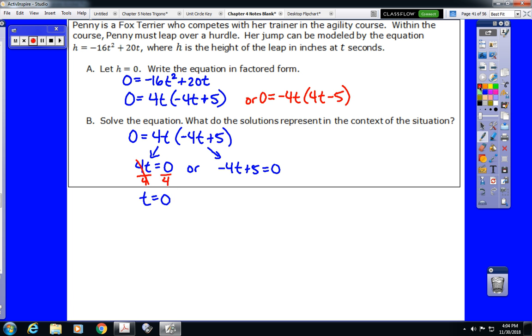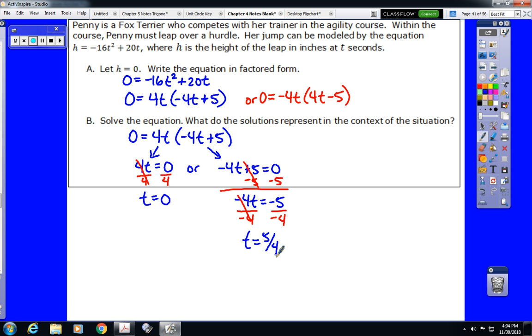And on the second equation, we would subtract 5 from each side, which would give me negative 4t equals negative 5. And then I would divide by negative 4. Now, two negatives mean that this t would equal positive 5/4.